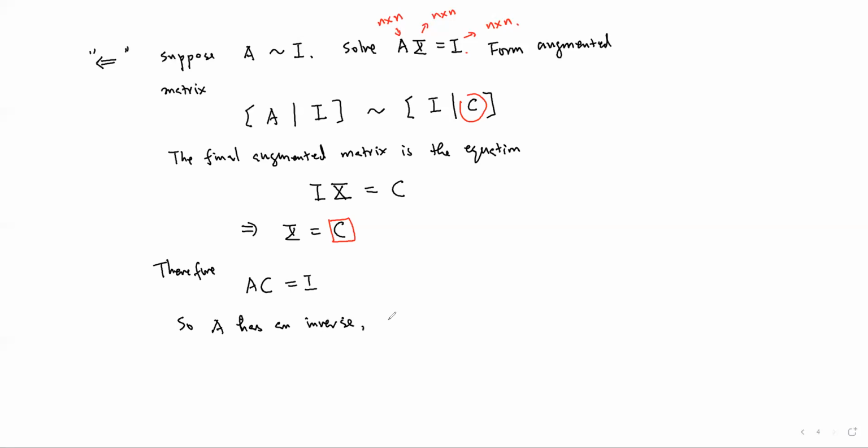In other words, A is invertible. Yeah, done. The proof is done.